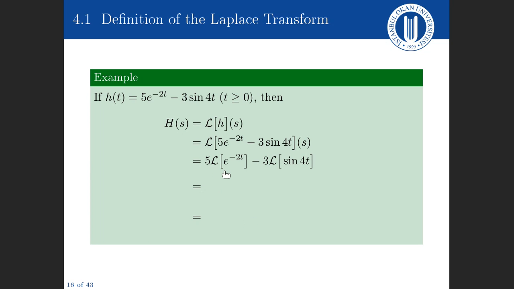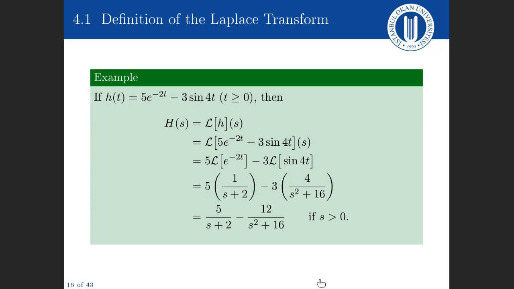This is the same as 5 multiplied by the Laplace transform of e to the power minus 2t, minus 3 times the Laplace transform of sine 4t. We know the Laplace transform of e to the power at, and we know the Laplace transform of sine at. We can just put the formula in straight away, and then simplify a little bit. We get our answer: 5 over s plus 2 minus 12 over s squared plus 16.